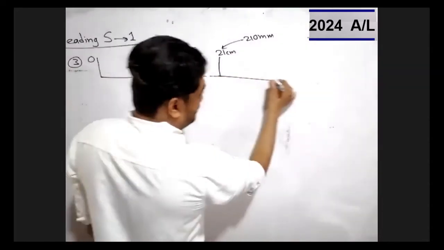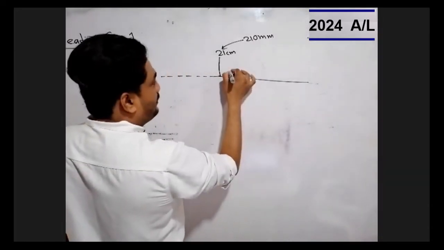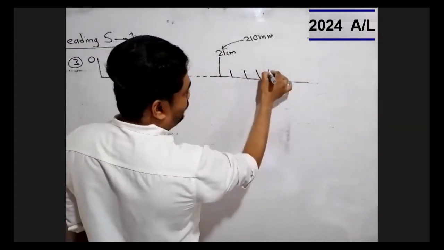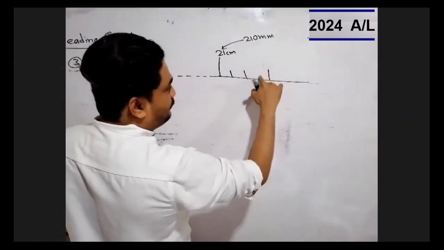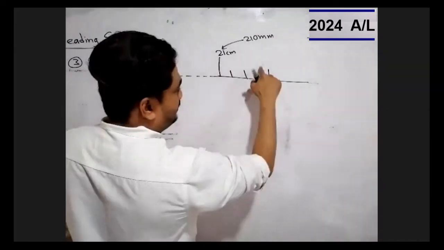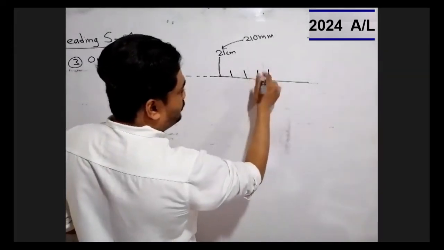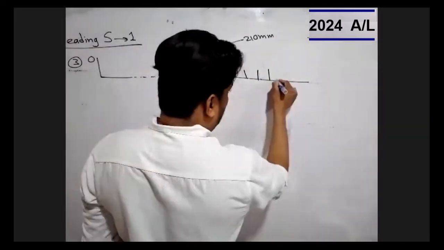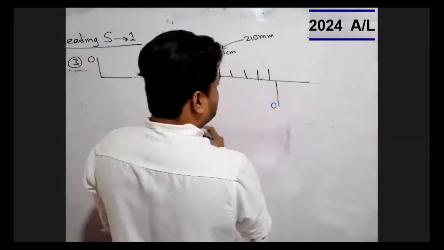After that, we will find 211, 212, 213, and 214. Just after the 214 millimeter line, we are able to see the vernier scale 0 line.